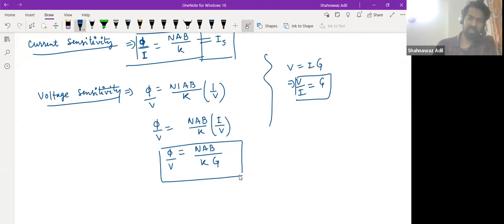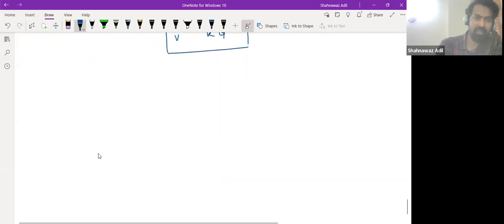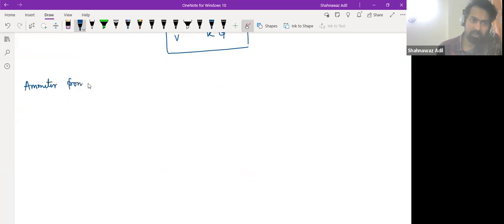One is that we can change this galvanometer into an ammeter. So, an ammeter from a galvanometer. And how did we do that?